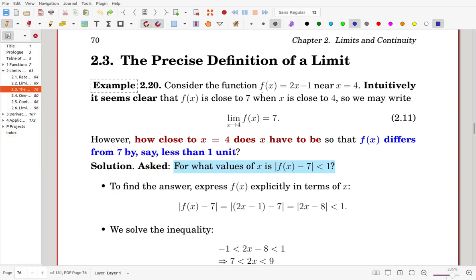We choose the function f(x) equals 2x minus 1, and we'll try to see the behavior when x is around 4.